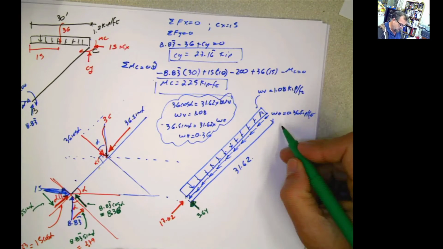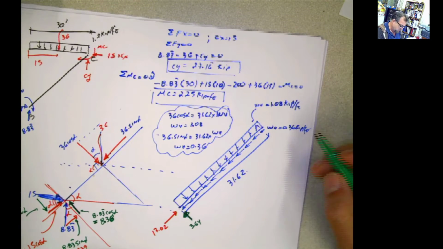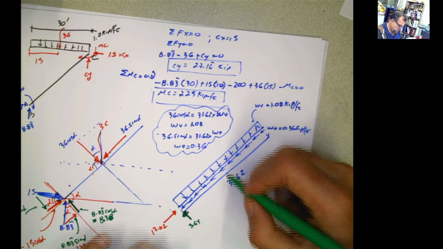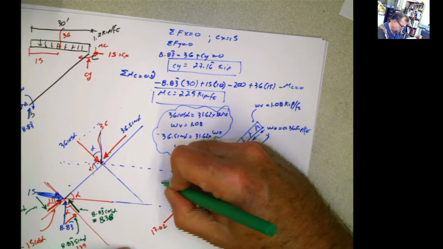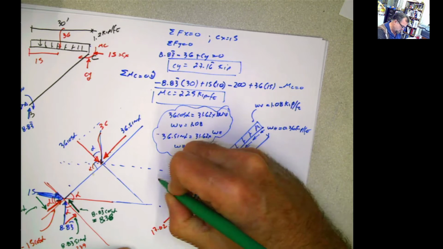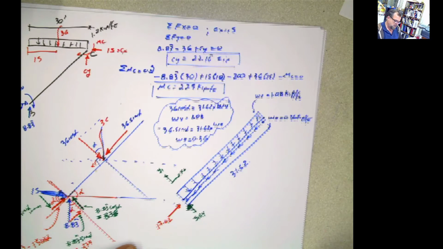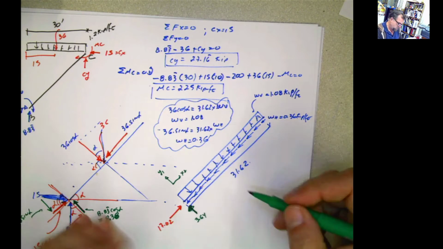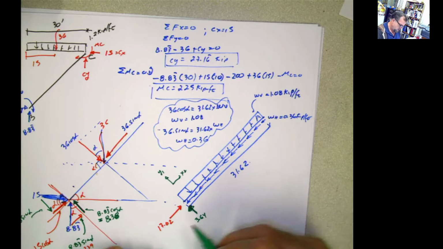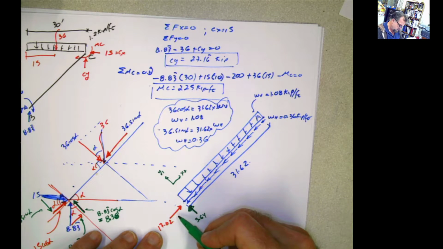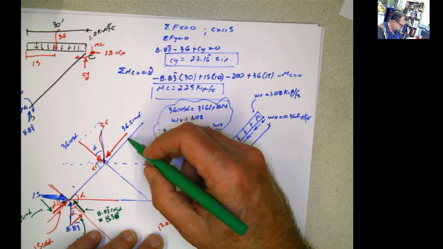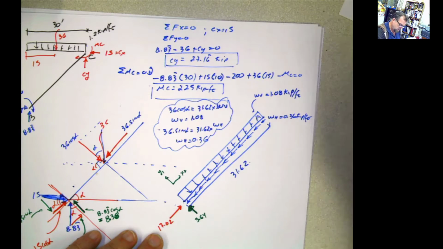Now, if I want to calculate these ones, well, there's no problem with that, right? I just have to do summation of forces. Remember, our local coordinate axes are like that. So I can say summation of forces with respect to x2. Well, it's going to be positive 17.02 plus minus this value, that value.